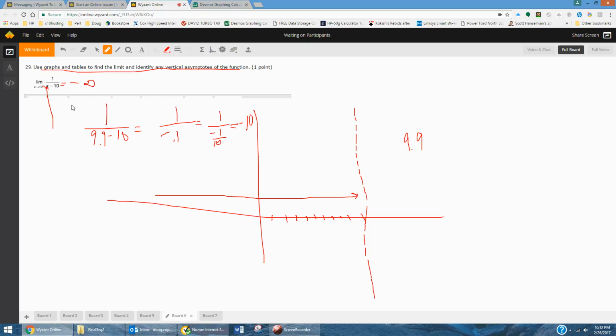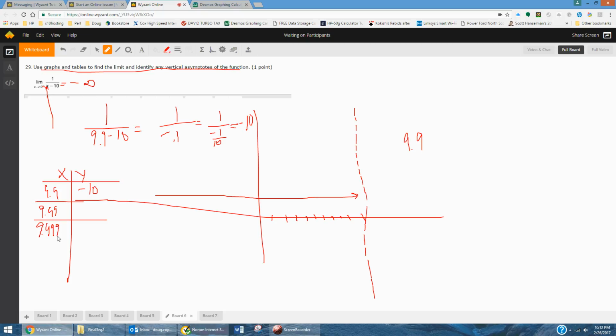It says use graphs and tables, so you could go to Desmos and make a table of coming in from the left of 10. We could say 9.9 and figure out what y is, which we already saw was negative 10. We could put in 9.99, get even closer, 9.999.